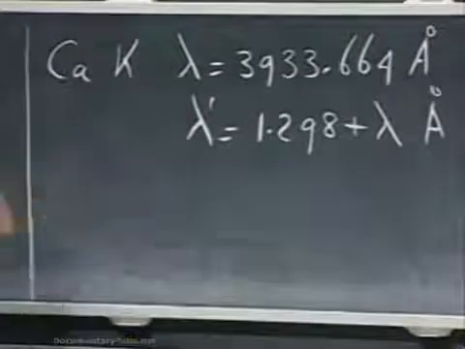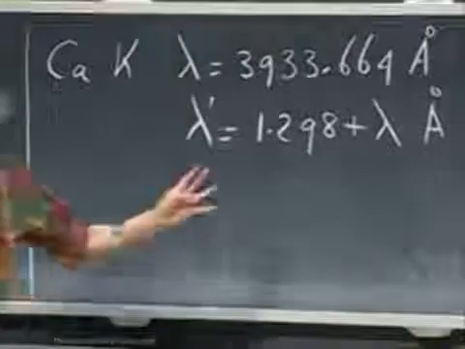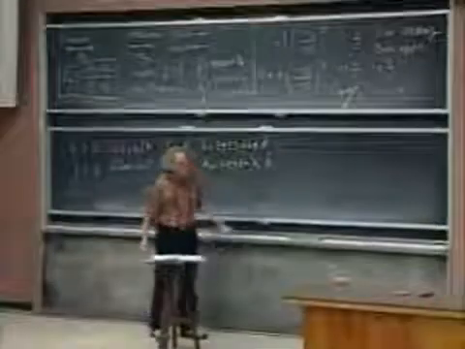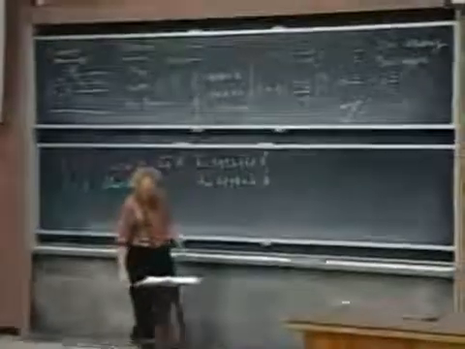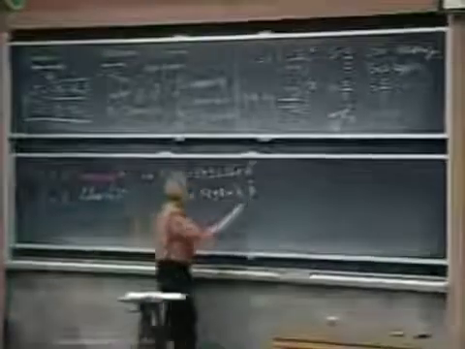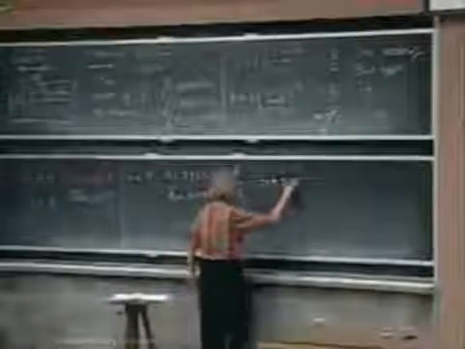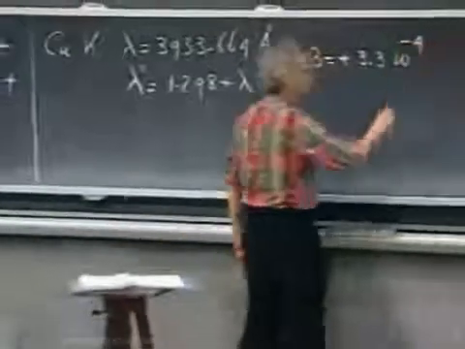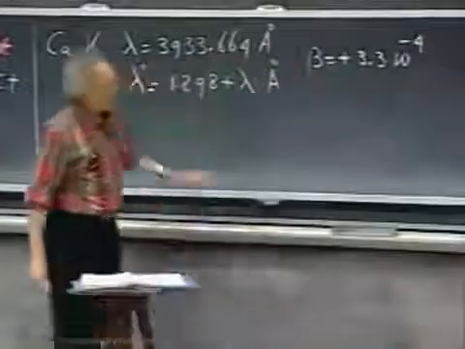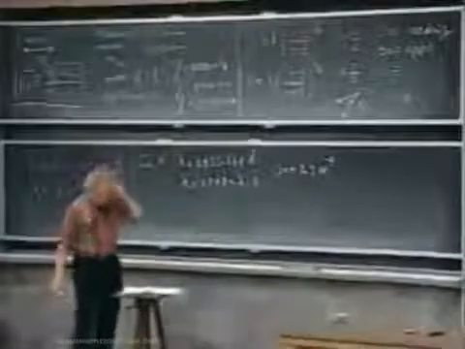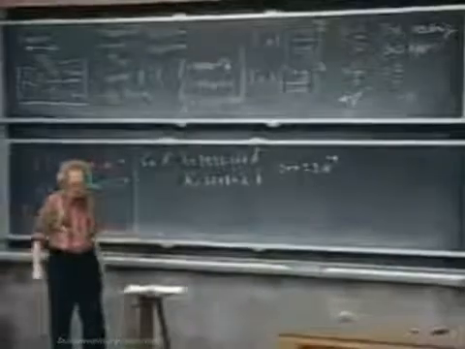So there is redshift, and so we are receding from each other. I go to that equation, I substitute lambda prime and lambda in there, and I find that beta equals plus 3.3 times 10 to the minus 4. The plus for beta indeed confirms that we are receding, that our relative velocity is away from each other.